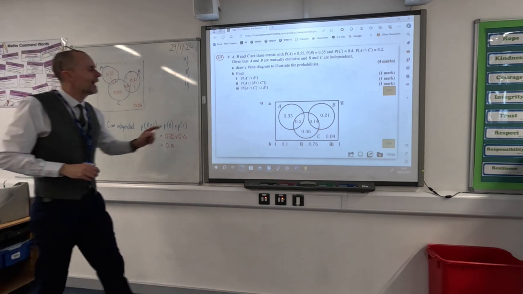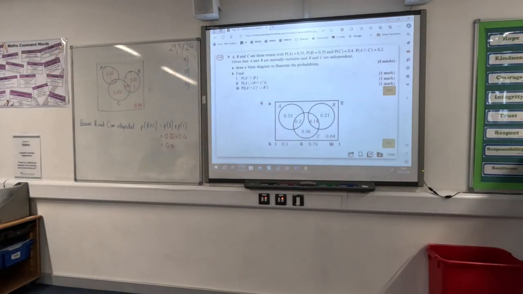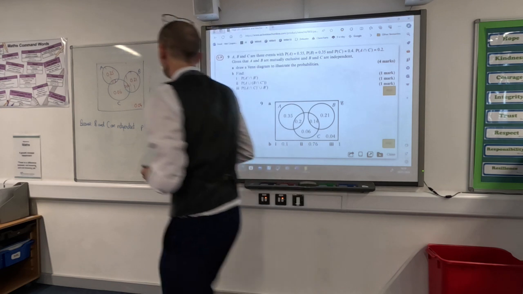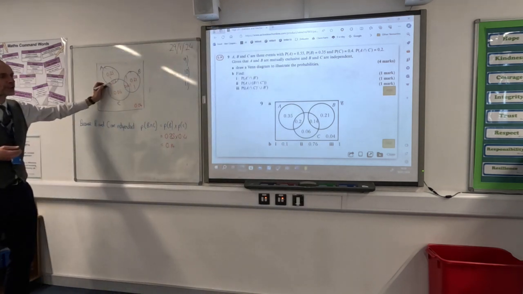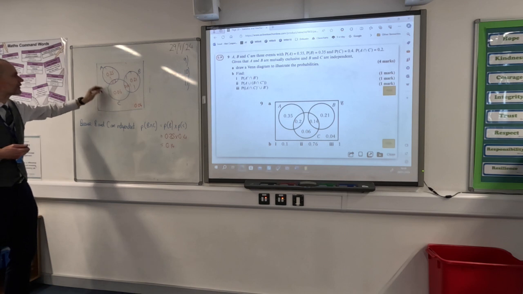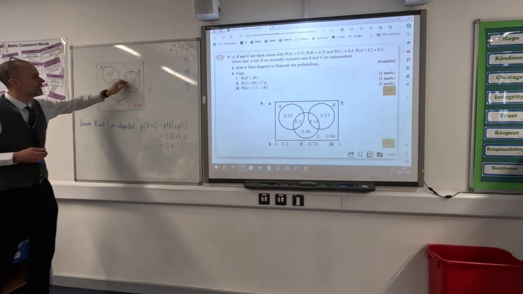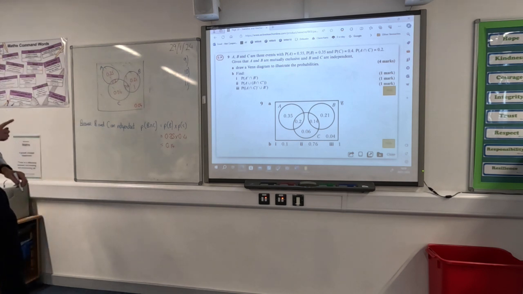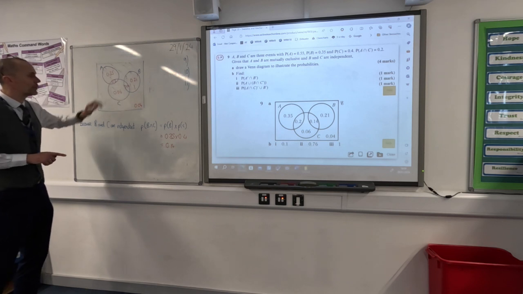Let's just check. A intersection C. I better change colour for this one. Right, so A intersection C is this bit here. So firstly we've got not in that bit, so that's everything apart from that bit. And that's union with everything that's not in B, which is everything including that 0.2.